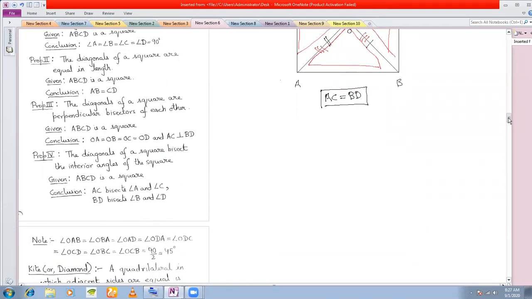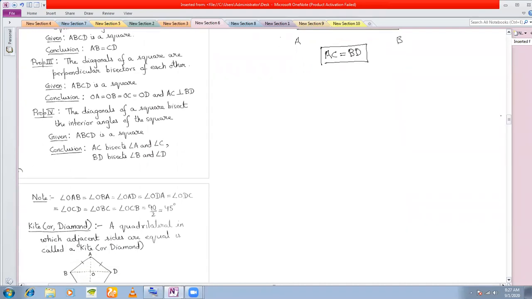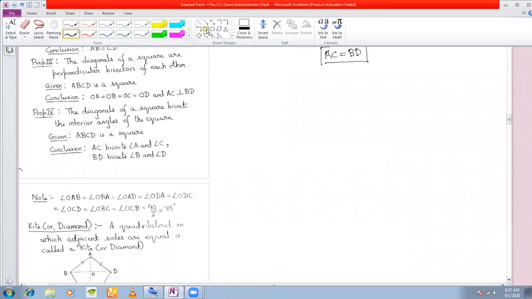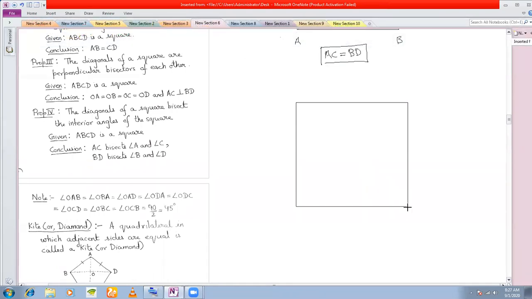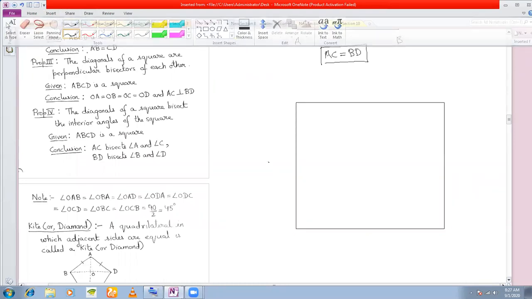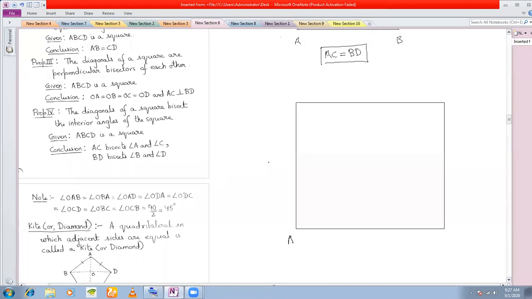The fourth property is that the diagonals of a square bisect the interior angles of the square. Now, what does this mean? Just as in the case of our rhombus, where the diagonal bisects the interior angles, in the case of a square also we have the same property.